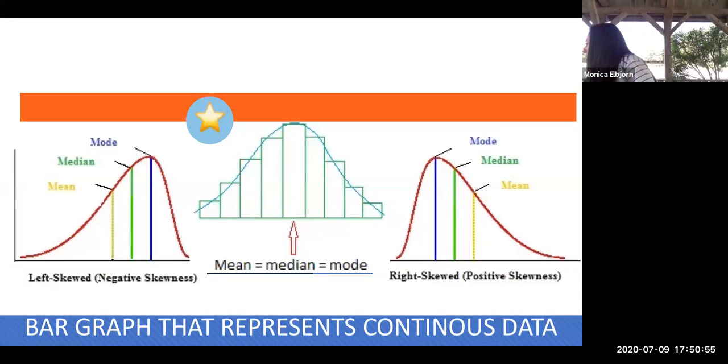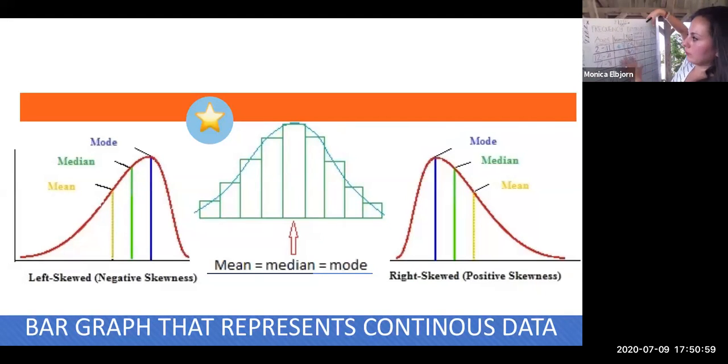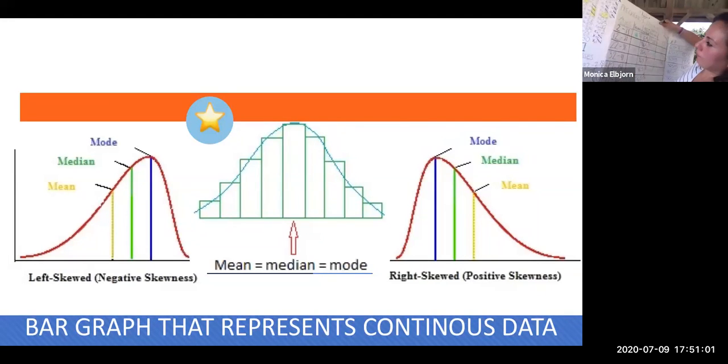Even though we might not have a person that's between 11 and 12 years of age, we're counting the class boundaries at 11.5.